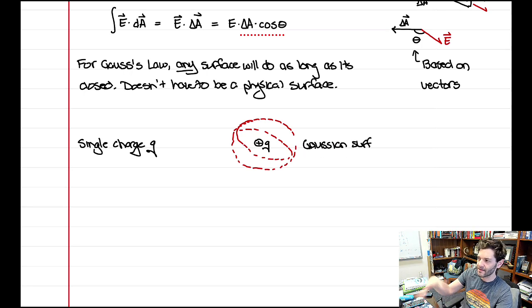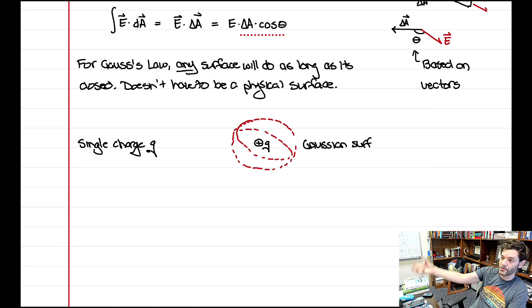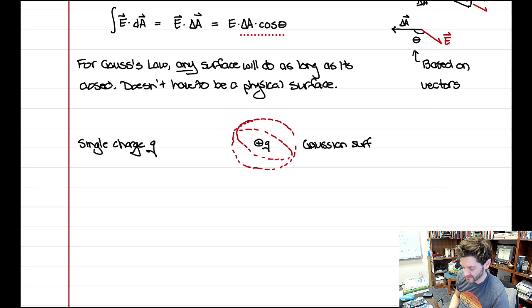All that means is that we're imagining some sort of closed surface to then use in Gauss's law. Because I can use any surface for Gauss's law, so I'm going to state the one I'm going to use. So something called a Gaussian surface. Not that there's anything special about the surface, just that's the one you're choosing for this problem, and it doesn't necessarily have to exist. There's some ghostly, ethereal surface I'm imagining around this charge.